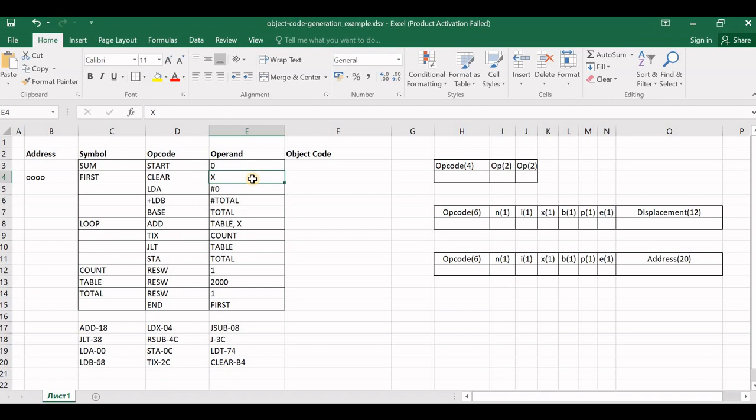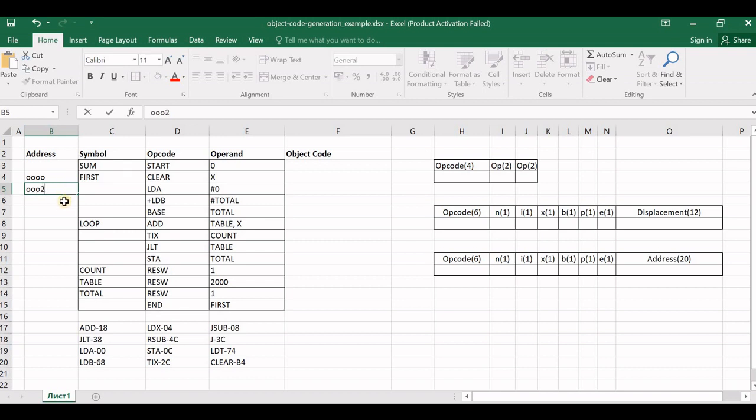If the instruction is in format 2, how many bytes does it take? It takes 2 bytes of memory. So this instruction is starting at address 0, and where should the next instruction begin? This instruction starts at 0 and ends at 1. So the next instruction, LDA #0, should begin at the address 2.